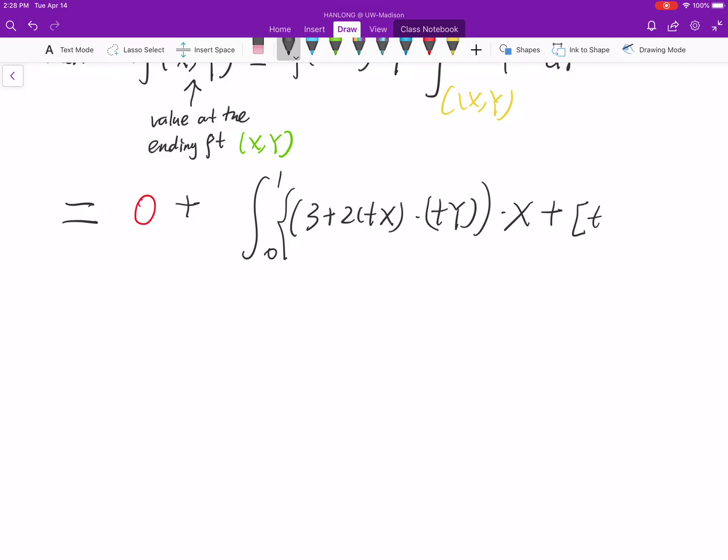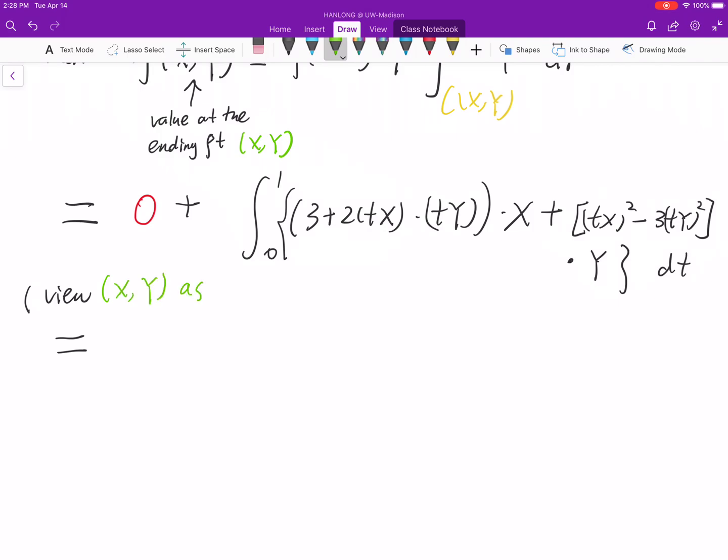So tx squared minus 3ty squared, dot dy dt. And here, remember, view x, y as constant.